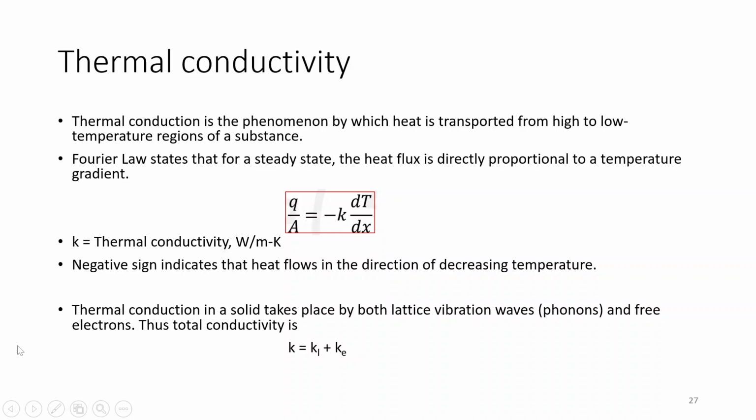The thermal conduction in a solid takes place by both lattice vibration waves, which are phonons, and free electrons. Thus total conductivity is k equals k because of lattice vibration plus k because of free electrons.